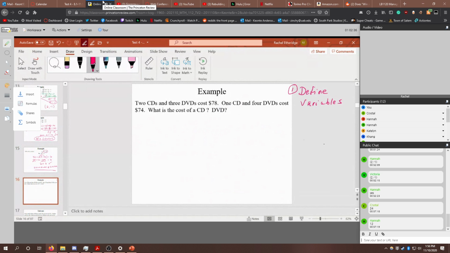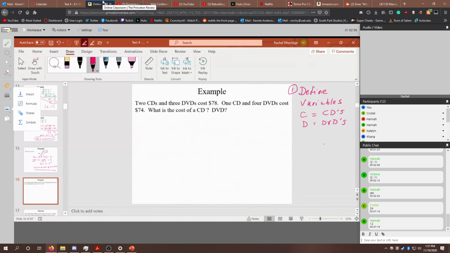So I have 2 CDs and 3 DVDs. So I'm going to let C equal CDs and D equal DVDs. And I'm going to write an equation just from what it says. Actually, I'm going to write 2 equations.